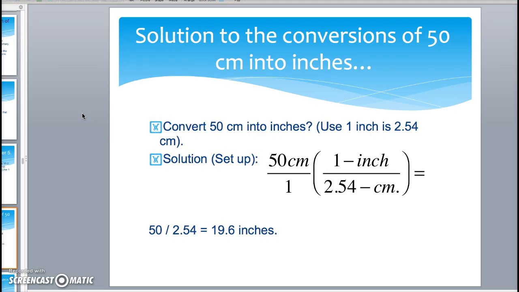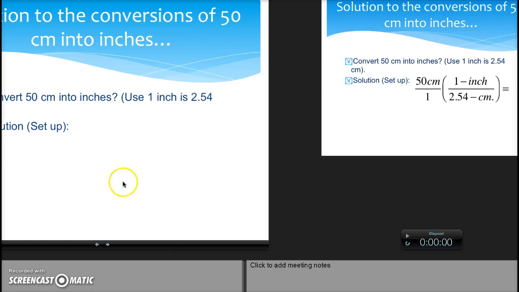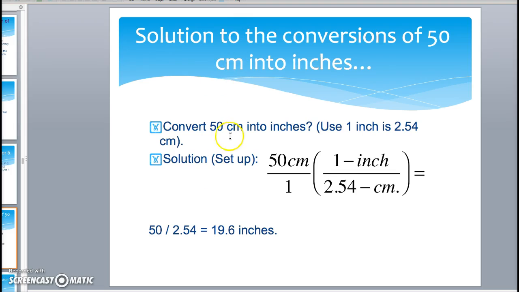Okay, so here's an example of what we talked about last week, converting 50 centimeters into inches using 1 inch is equal to 2.54 centimeters. The way to do it is to set up this fraction of 50 centimeters over 1, and then 2.54 centimeters on the bottom to 1 inch up top.